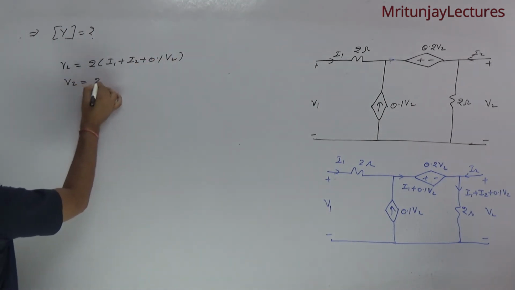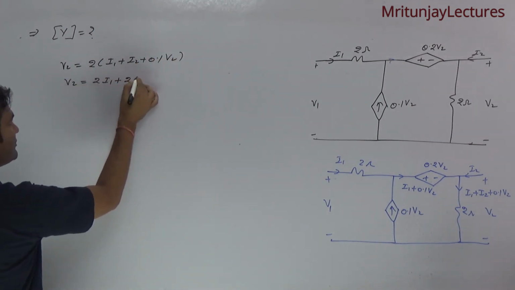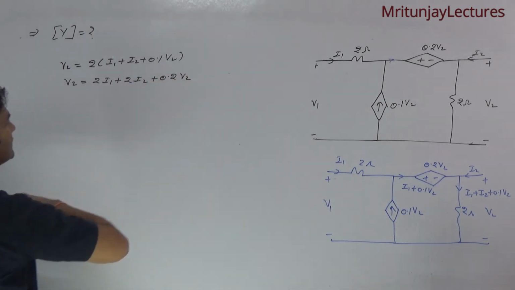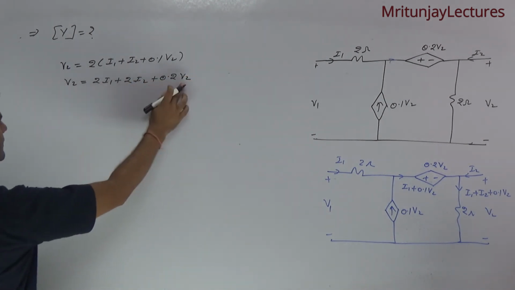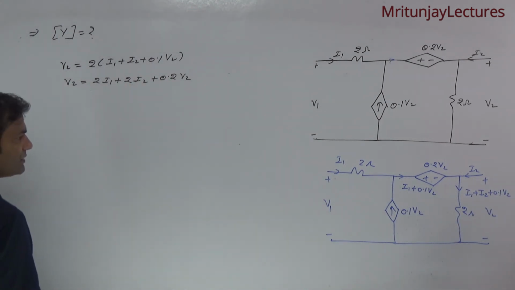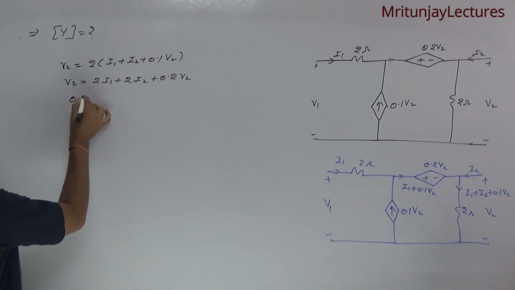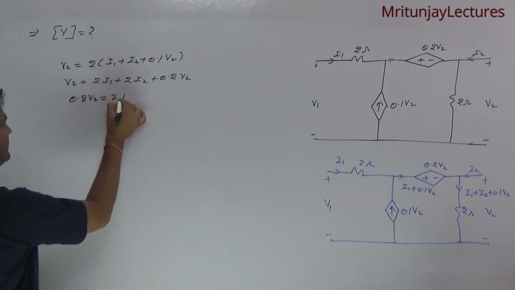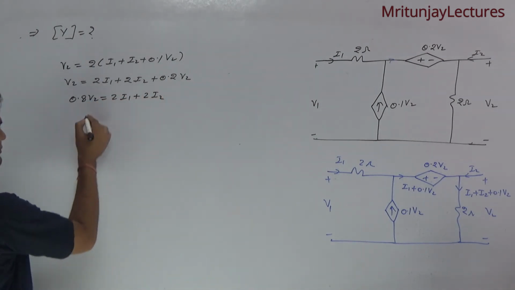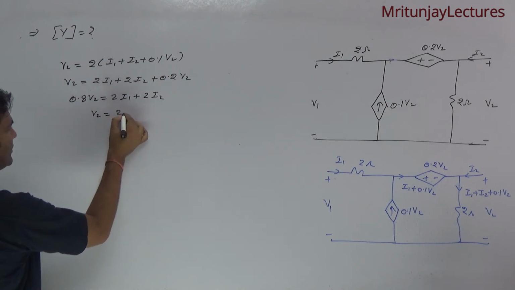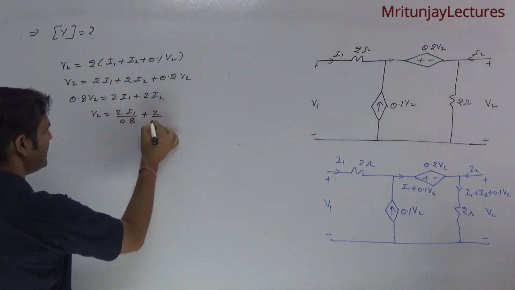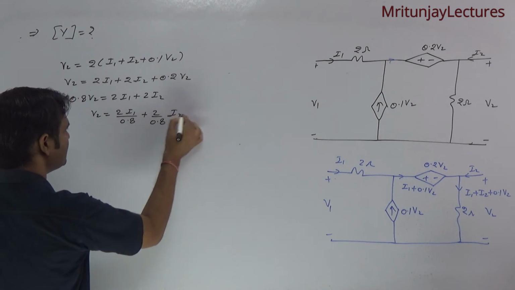So V2 is written 2I1 plus 2I2 plus 0.2 V2. Now 1 minus 0.2 means 0.8, that is 0.8 V2 is equal to 2I1 plus 2I2. So V2 is equal to 2I1 divided by 0.8 and 2 divided by 0.8, that is I2.